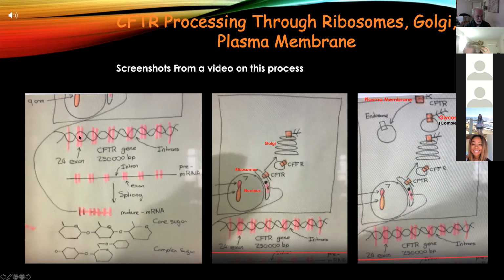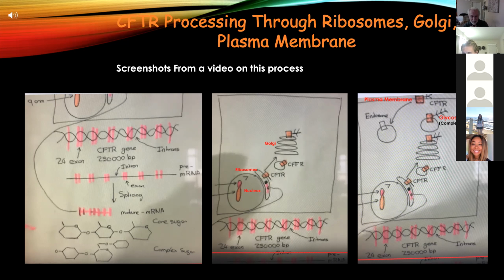So the pink bars are exons, and between them are introns, get spliced out, you get this mature mRNA. And he talks about how that gets transferred to ribosomes, and the protein, the polypeptide is made, which needs to be decorated.